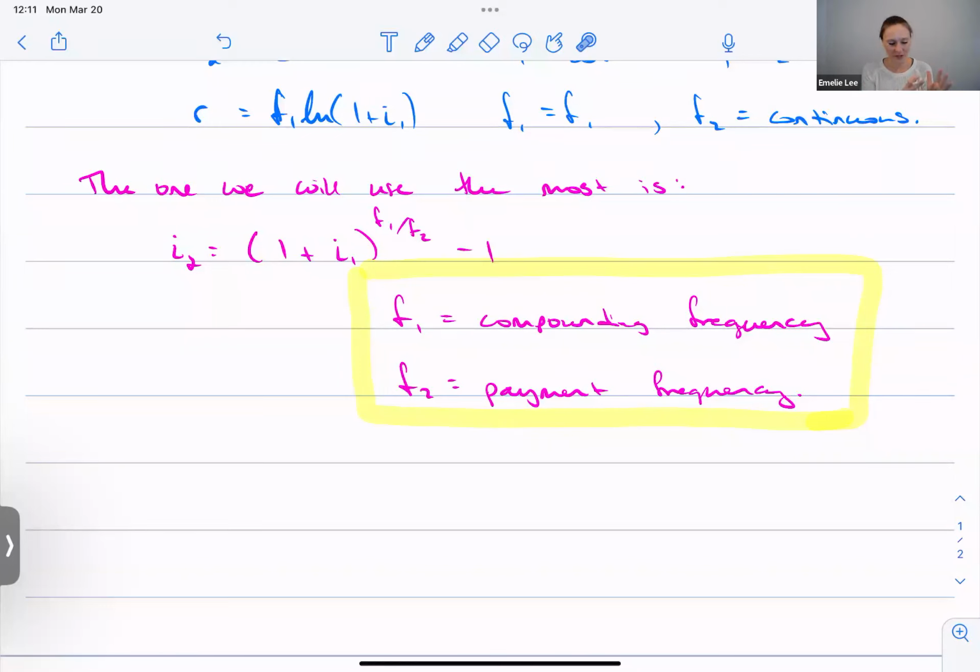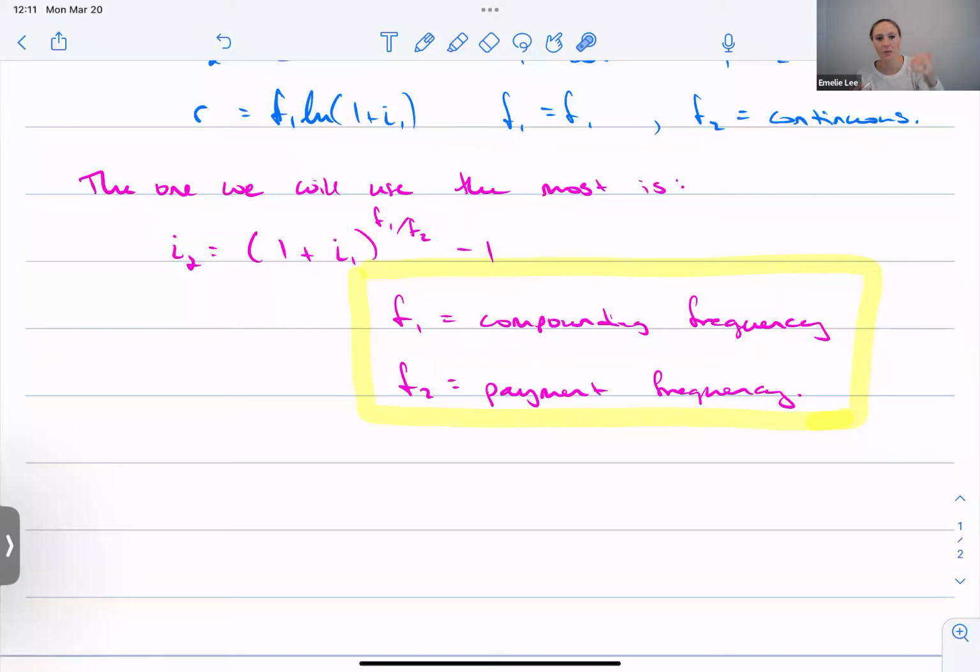When we moved from simple interest to compound interest, we introduced that first step where I don't need time, I need the time times the frequency, because now I need the number of compoundings. And instead of R, I need I, the periodic interest rate. So now we've got an additional step.